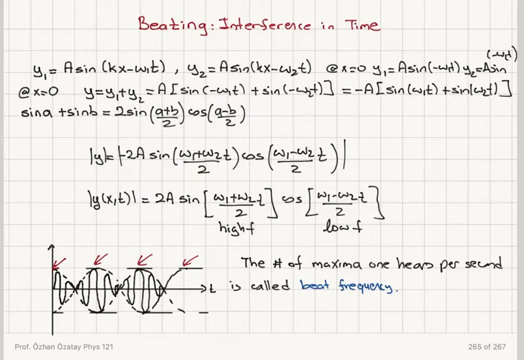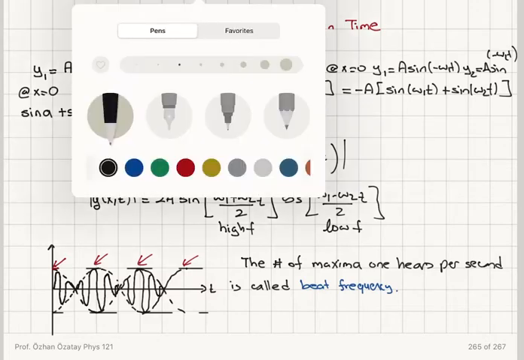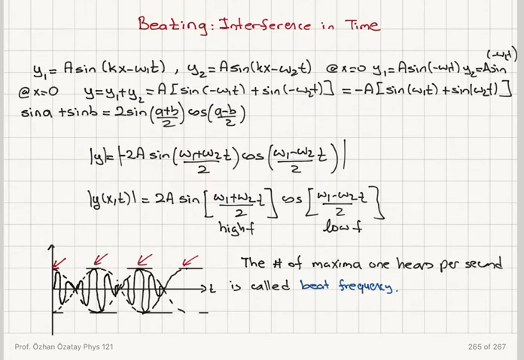And let's find out what this beat frequency is. You can see that in one full cycle of the cosine function here, let me highlight that, I start out with this maximum, go to minimum, go back to 0 and maximum.